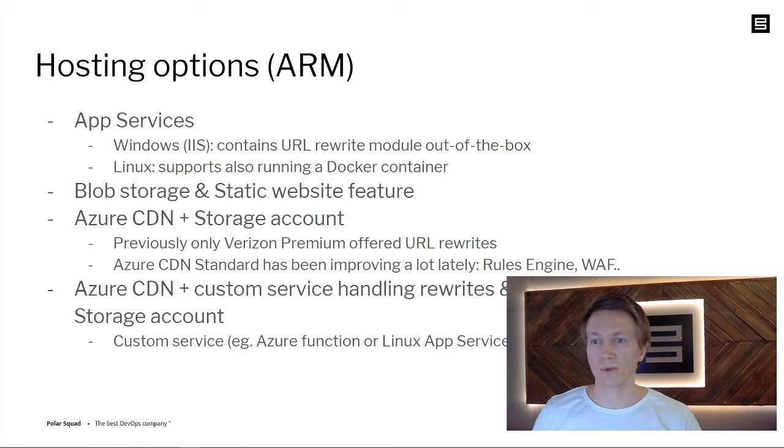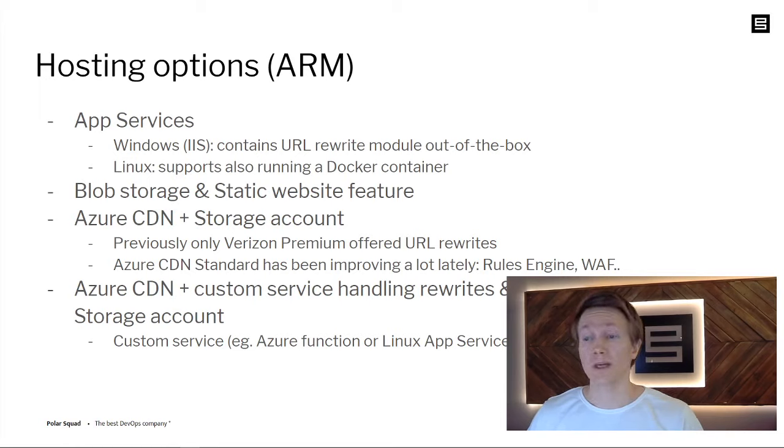Traditionally, people start with app services. There you have the Windows, basically IIS-based workloads. There you already have the so-called URL rewrite module installed out of the box, so all you need to do is configure what you need to redirect.